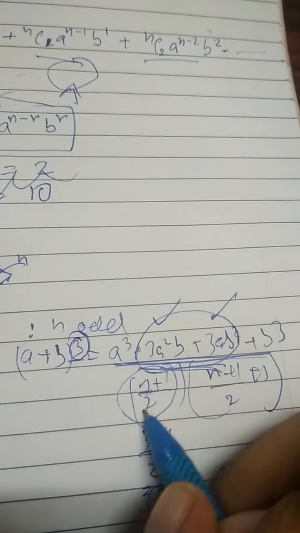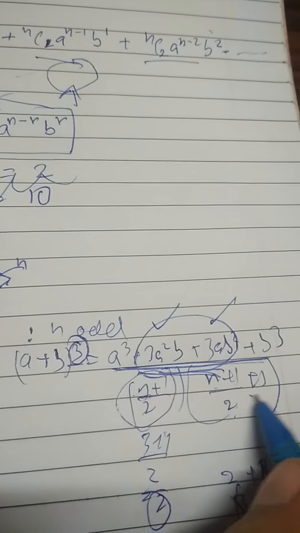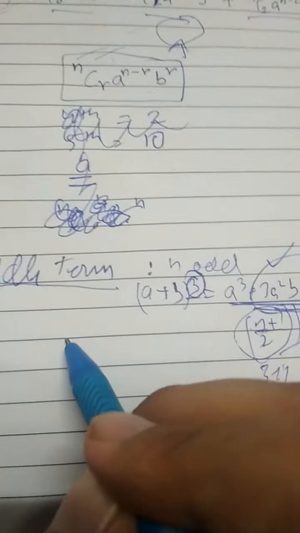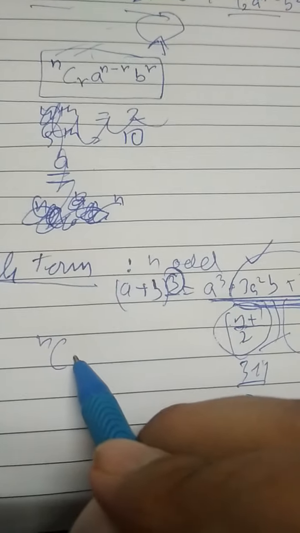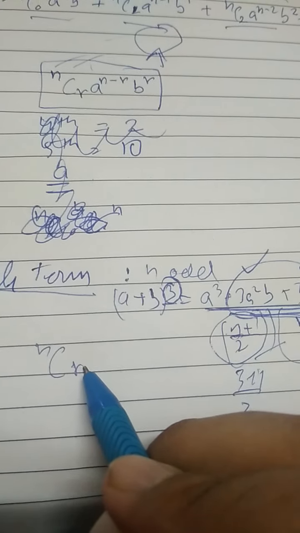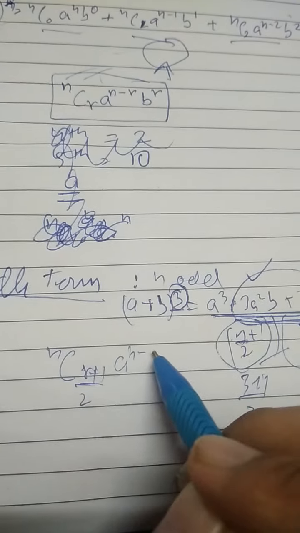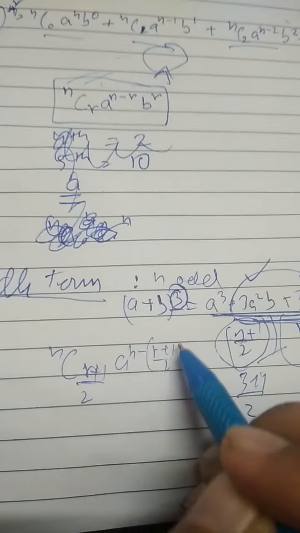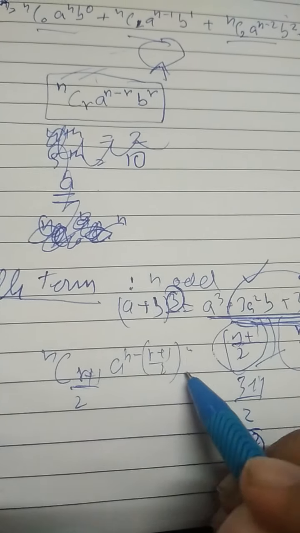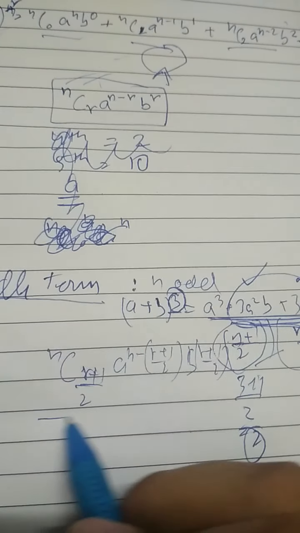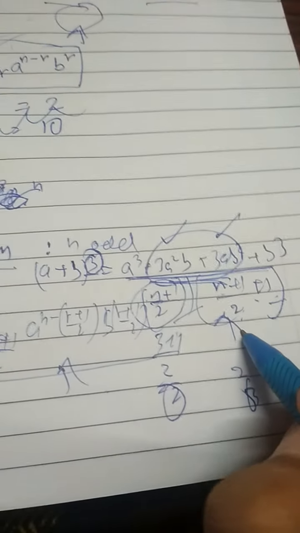If you find the middle term, it will be nC((n+1)/2) a to the power n minus (n+1)/2, and b to the power (n+1)/2. This will be our first term, and similarly we can substitute to get our second term.